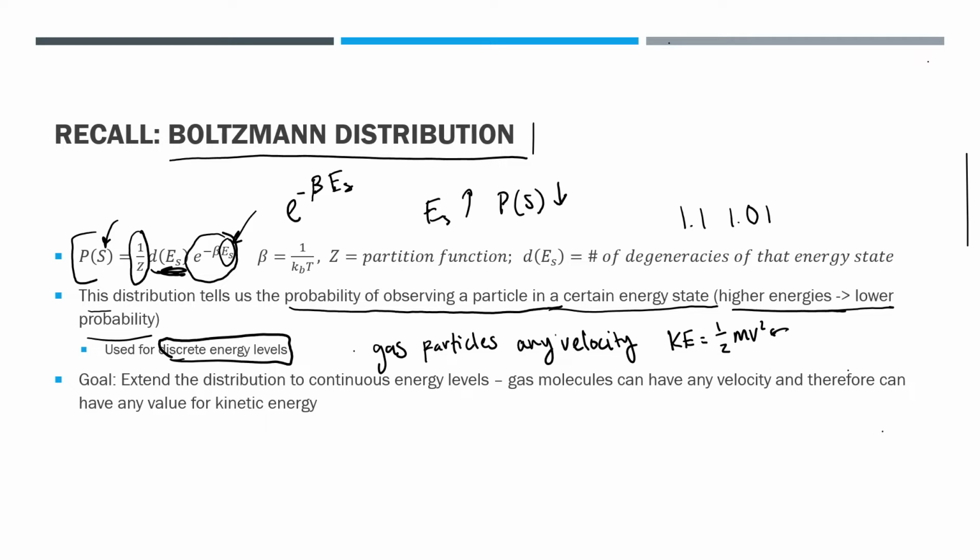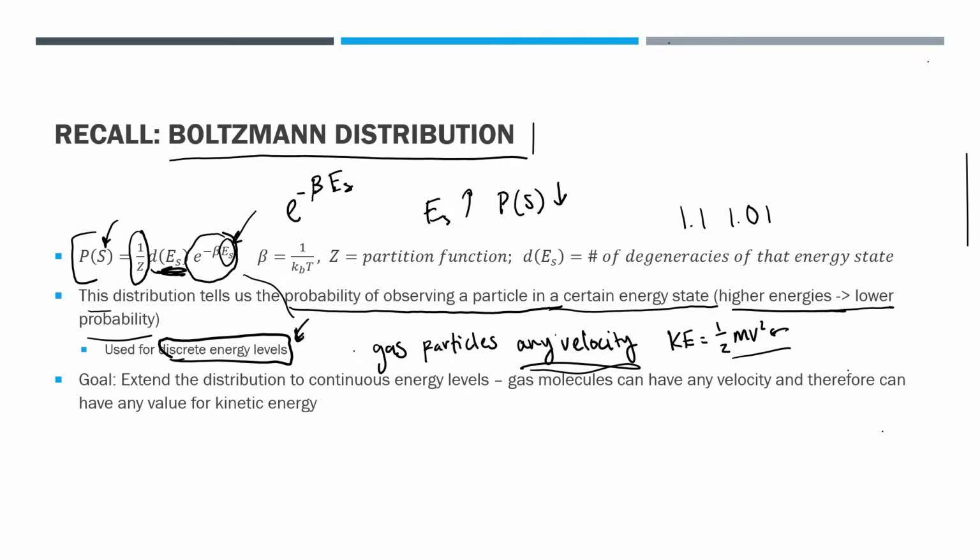So how can we take this discrete energy level description and make it into a continuous energy level description, right? So basically we need to create a distribution that allows for not just discrete energy levels, but continuous energies. Continuous energies because that means that we can allow for any velocity, right?